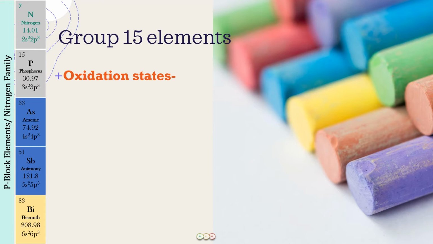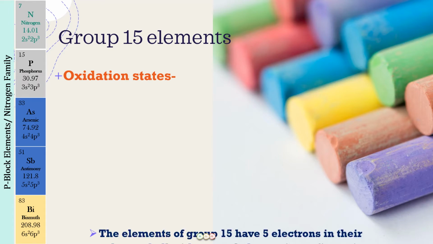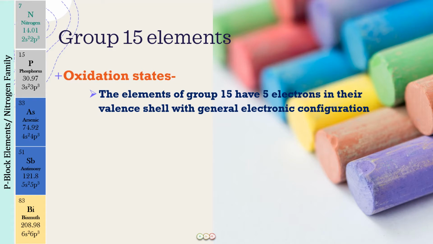Now we come to the oxidation states of the group 15 elements. The group 15 elements have a valence shell consisting of 5 electrons, with the general electronic configuration ns2np3. What we have studied initially is that all elements try to attain the nearest noble gas configuration.